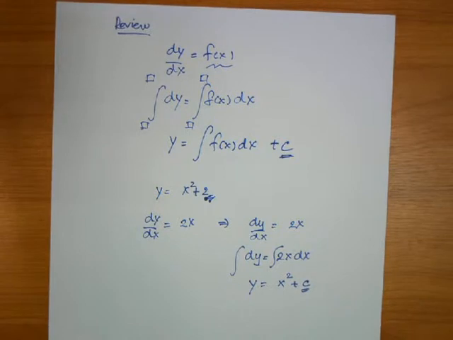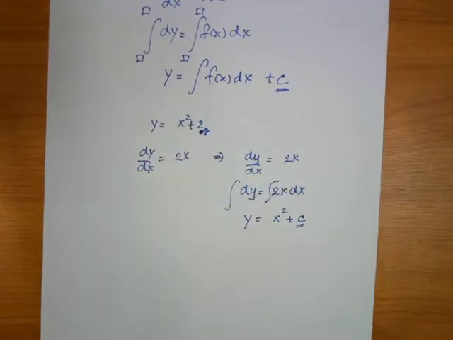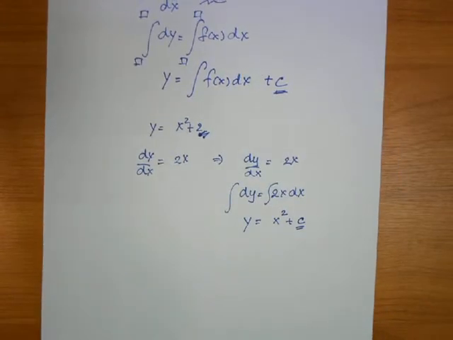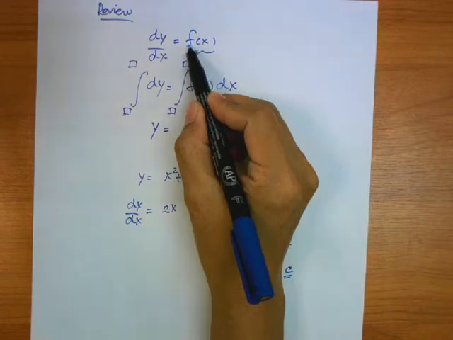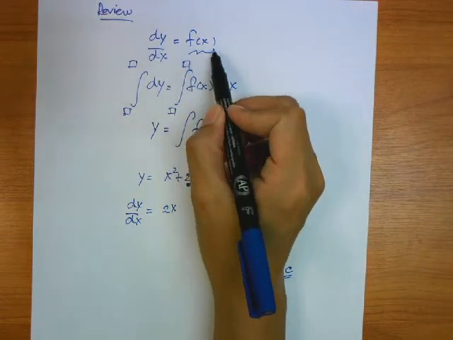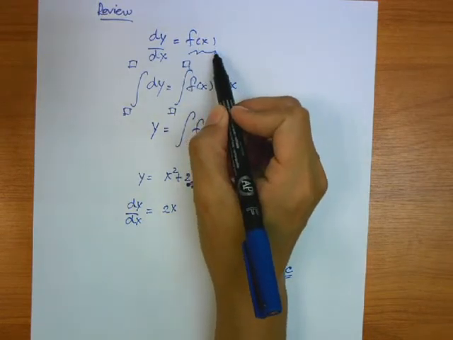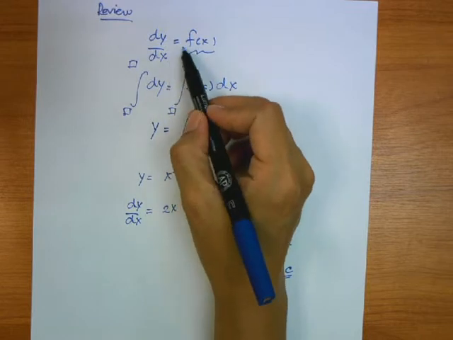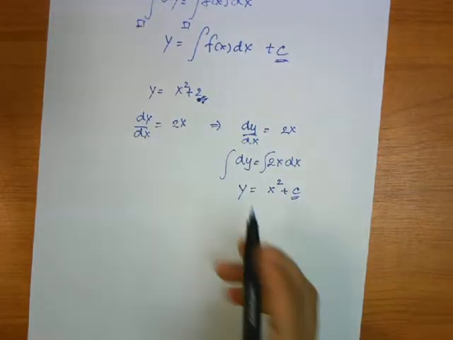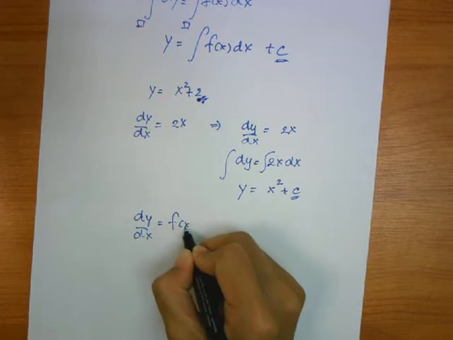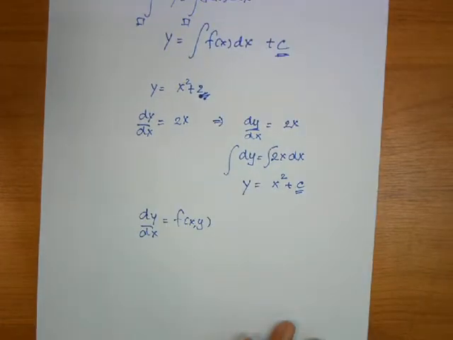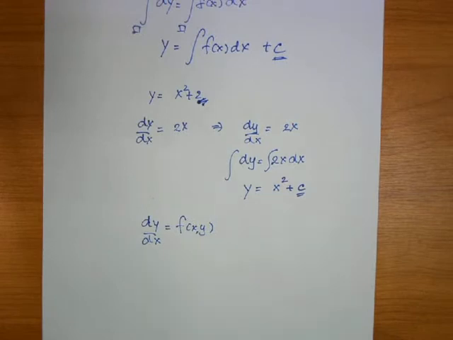Now, for our class, we actually don't have dy by dx as a function of x only. In our course, we have dy by dx equal to f(x, y), so that would make it even harder to find the solution.